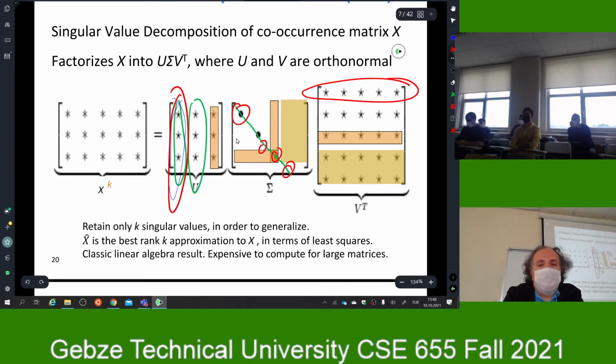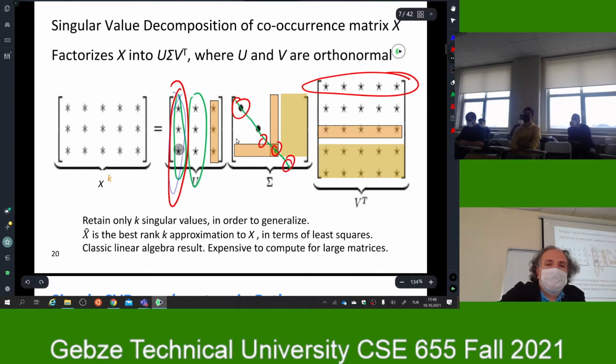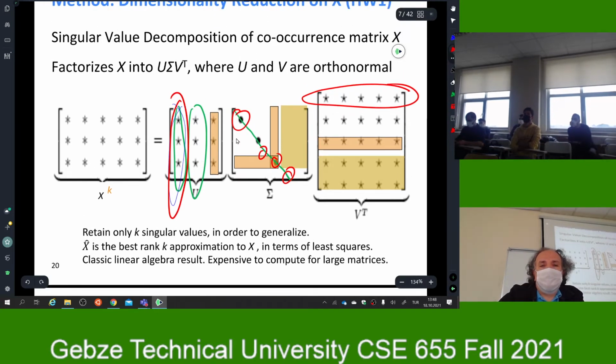Okay, so instead of doing the PCA, maybe we can take these vectors. They are all orthogonal to each other, and we can say that, okay, I'm going to use those. So in this case, what did I do? I am saying that if I ignore very small singular values, close to zero, or ignore some of the singular values starting from the lower right corner, let's say I am going to take only 100 of them.